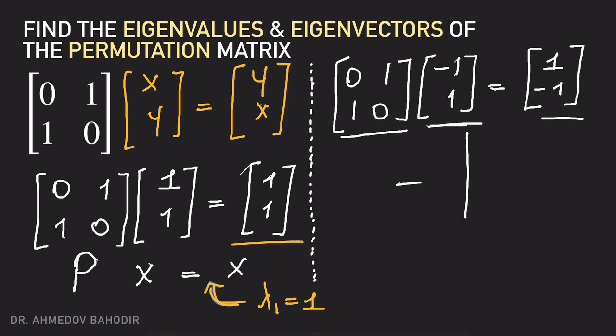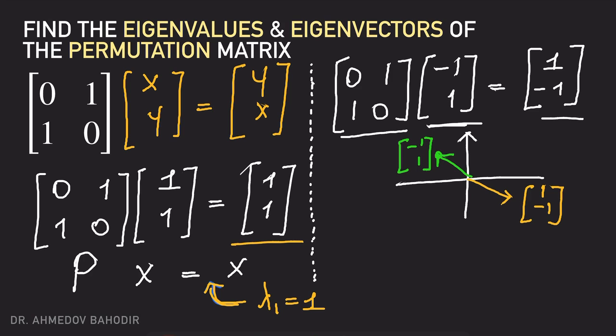The minus 1 and 1 vector is going to be somewhere here. And where is going to be the 1 and minus 1 vector? It is going to be here. You see, they are parallel because you can obtain the yellow vector from the green one by just multiplying the green one by minus 1, right?